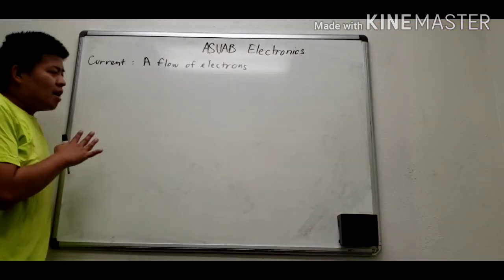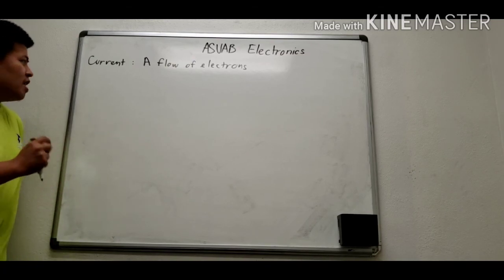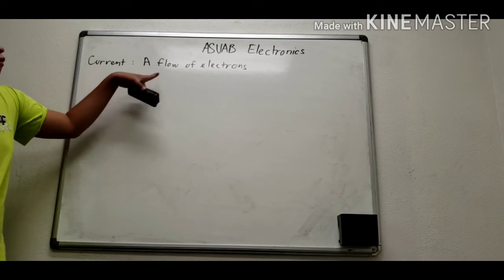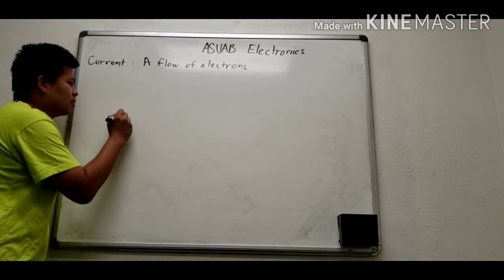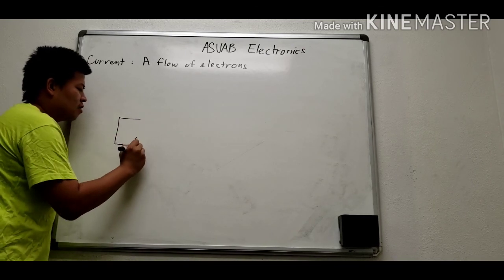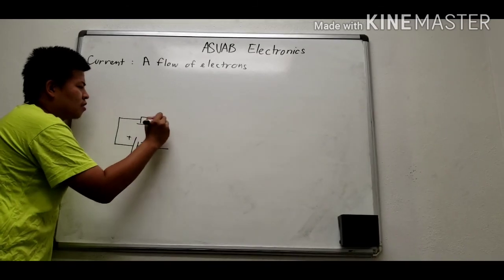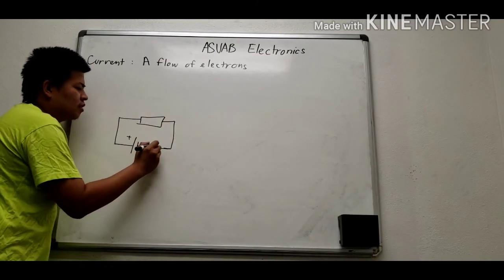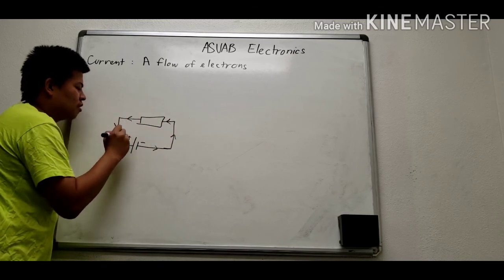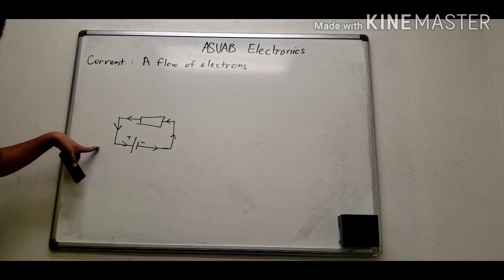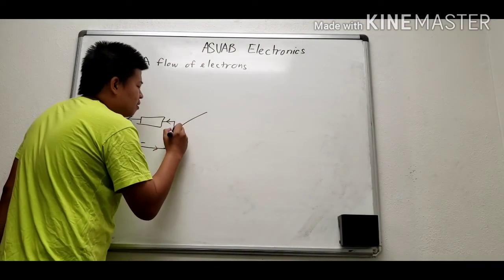The next one is about the current, and we just remember that the definition of current is a flow of electrons. I will show you. Here, this is the closed circuit. I just zoom out a little bit.